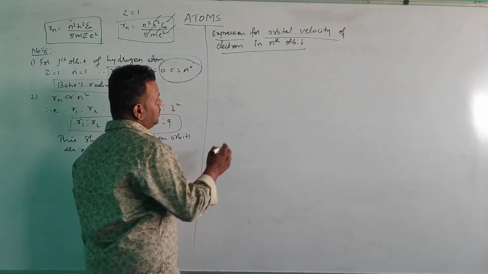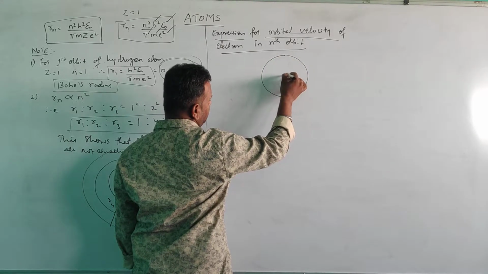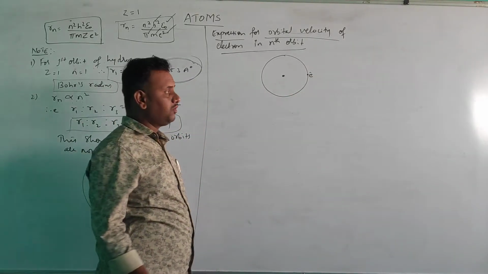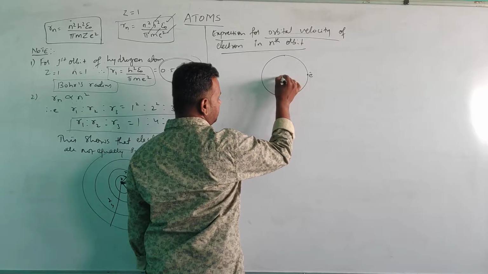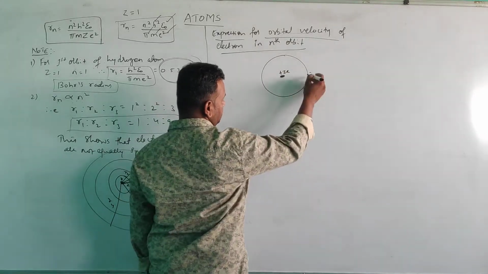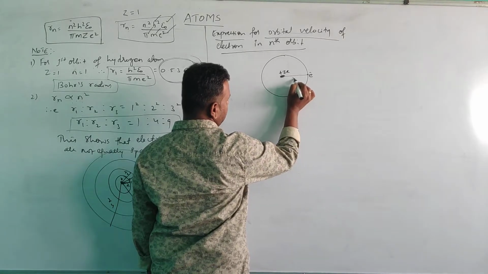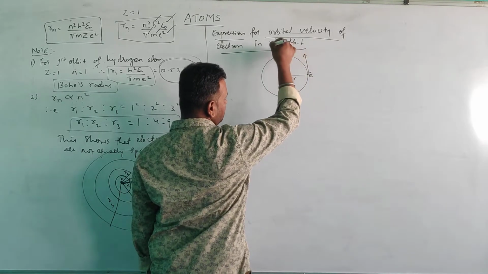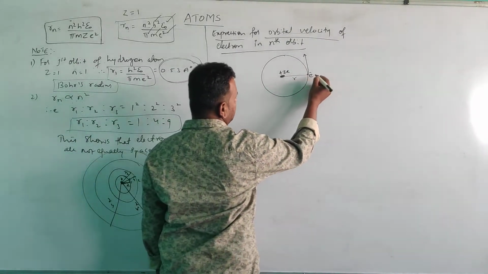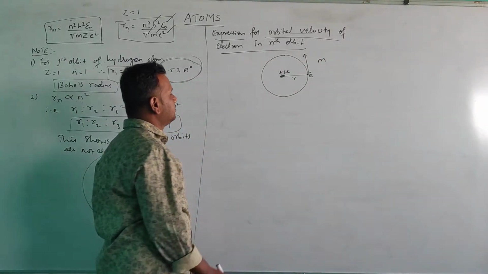Here also I am considering an electron in an orbit of radius r, revolving around the nucleus in a circular path. The mass of this electron is m.